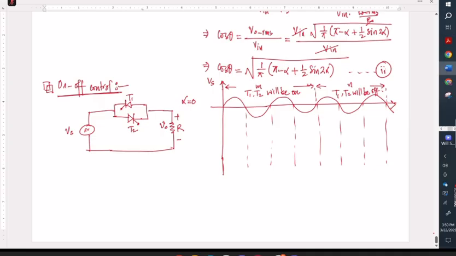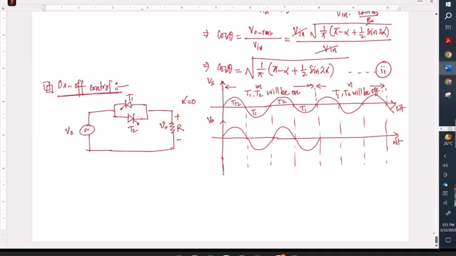So as you can see, if I draw the output waveform, suppose this is my output waveform. During this portion, the positive half cycle, T2 is on, and in this portion T1 will be on. For this portion T2 will be on, and for this portion T1 will be on. So in that case, your output will be exactly the same as the input waveform.